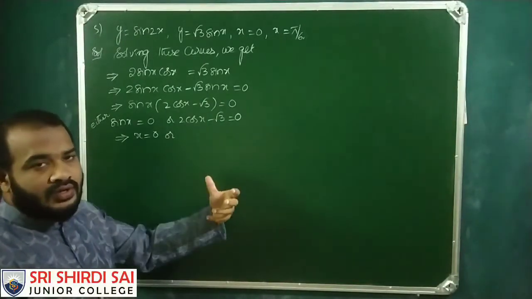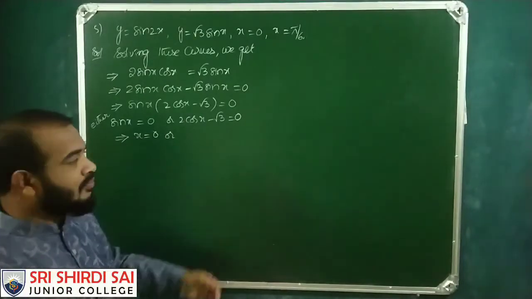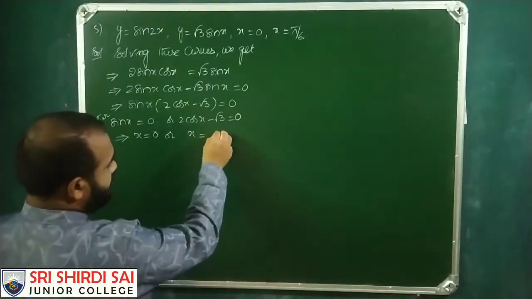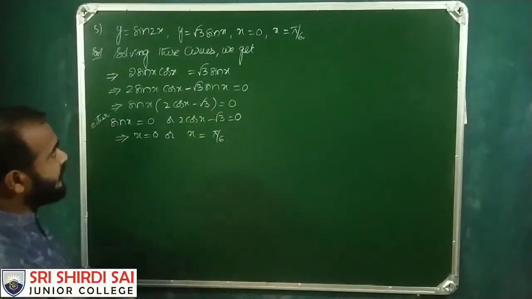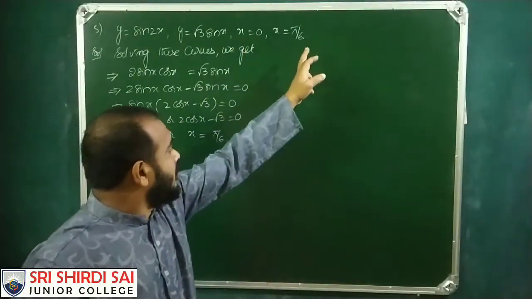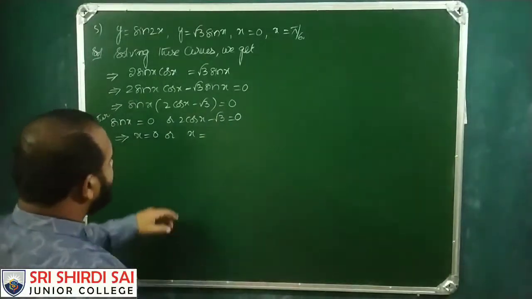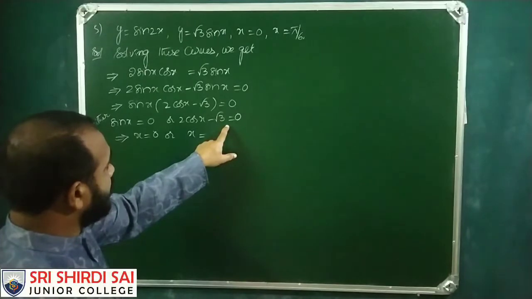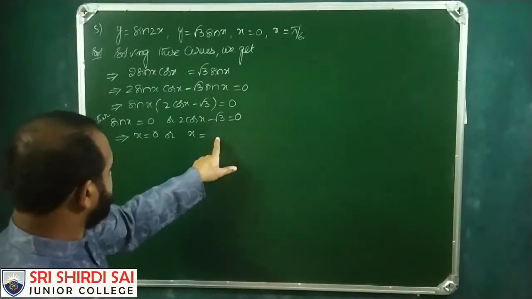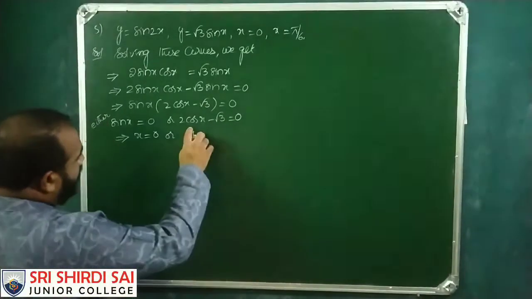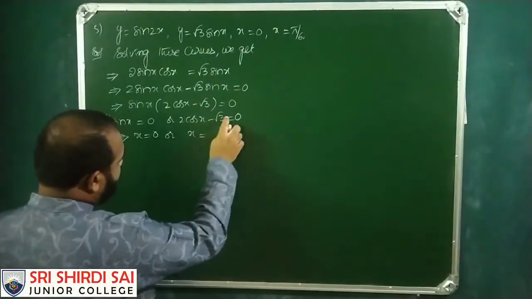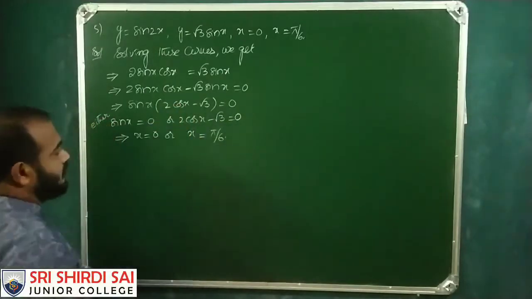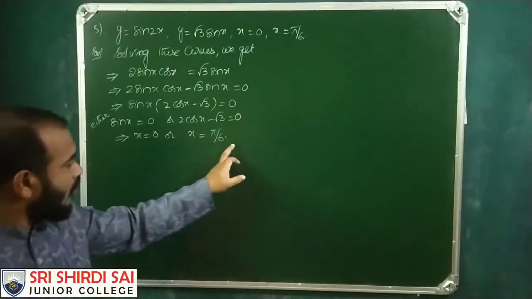When cos x is root 3 by 2, x equals pi by 6. So the curves intersect between 0 and pi by 6.